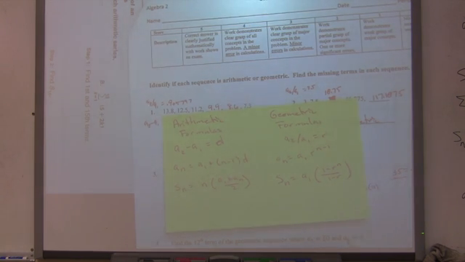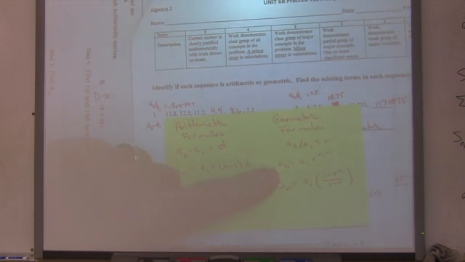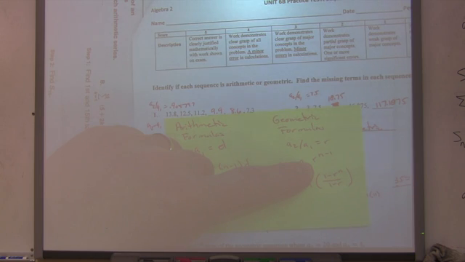So again, I found r, and we want to find a sub 12, so we need to find a sub 1. So I'm going to make this a sub 5, 20. So that's my a sub n equals, we don't know a sub 1, but we do know r is 0.2. And then our n minus 1, since we're saying this is 5, that would be 5 minus 1 is 4.